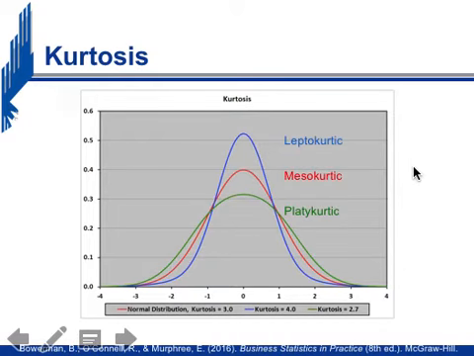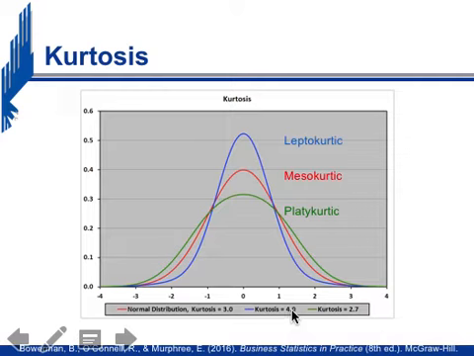Here we have three data sets, and the kurtosis of the three data sets are also shown below. So the red curve is the curve of the normal distribution where the kurtosis is equal to 3. The blue curve, on the other hand, has a kurtosis of 4.